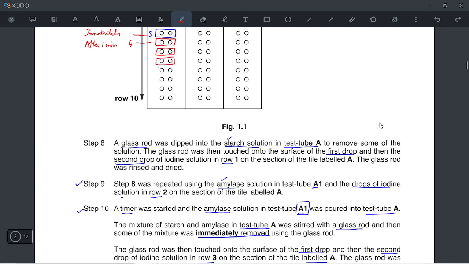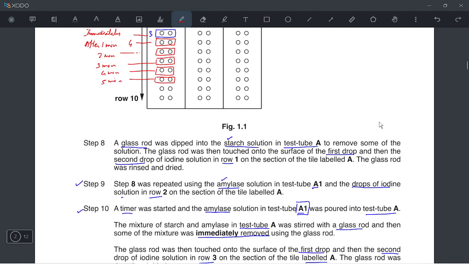These are the 6 more minutes. This is the second minute. This is the third minute. And this is the fourth minute. This is the fifth minute.